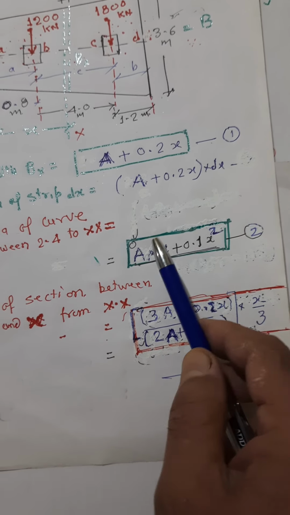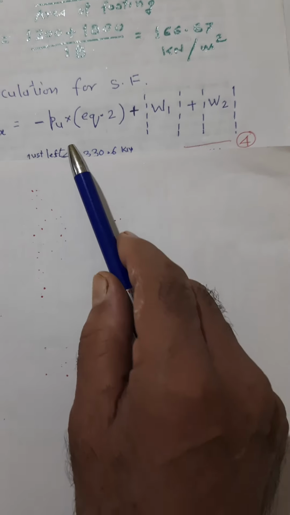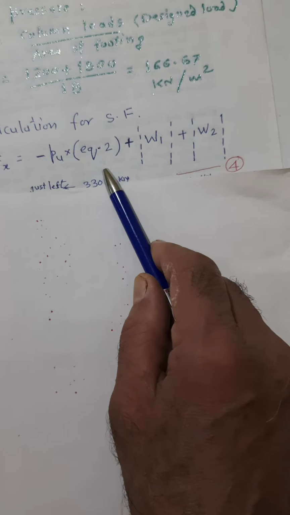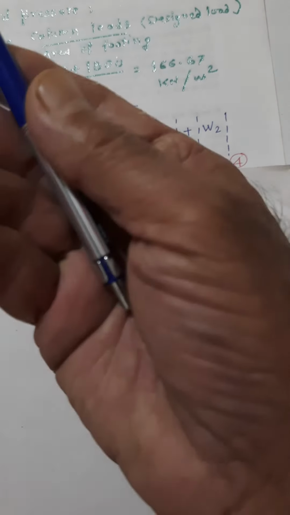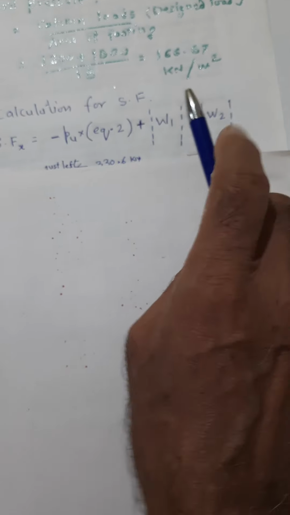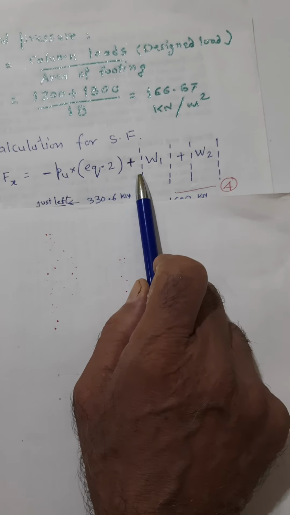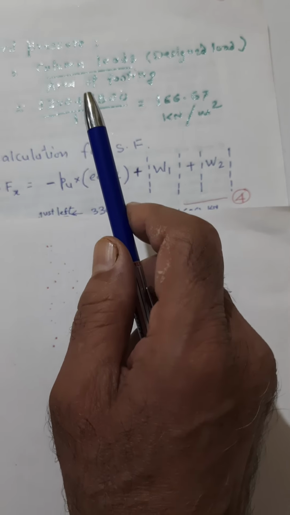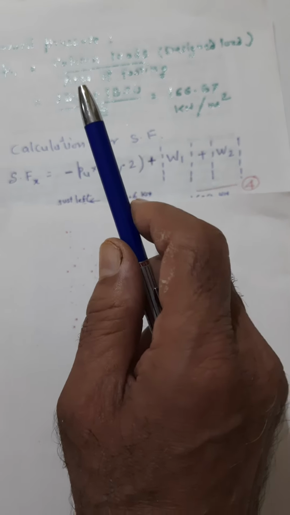So, area into upward pressure will give the force. Pu into equation number 2. This is minus because it is upward pressure. This is only applicable just to the left of the column, the center of the column W1.